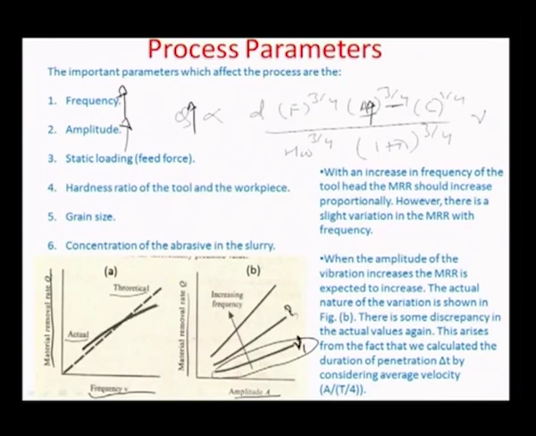And supposing the operating frequency keeps on varying between, let us say, nu1 to nu3, where nu3 is greater than nu1, you can see that there is a double effect. One is the effect because of amplitude, and another is an overall increase because the frequency domain in which you are operating, and mind you, frequency is proportional to the MRR here, is also increasing.